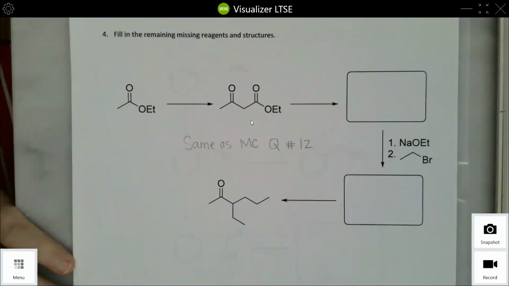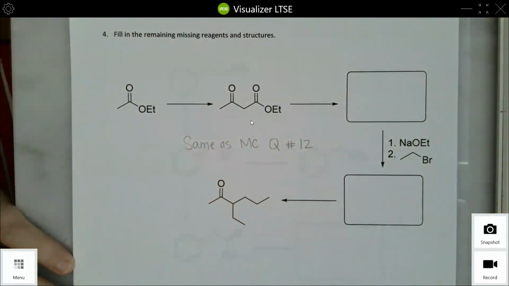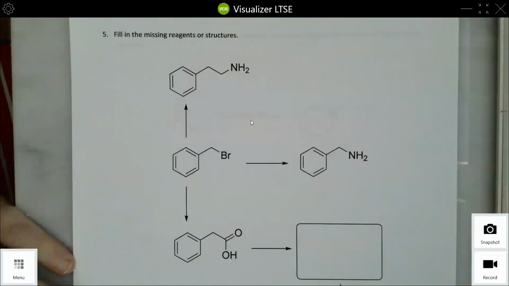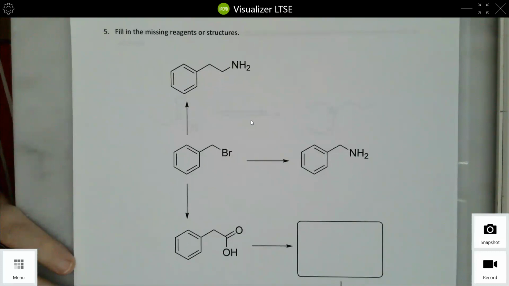Okay, so this one I noticed is the same question as multiple choice question number 12. So I will just refer you to question number 12 from the multiple choice section to review this series of reactions.